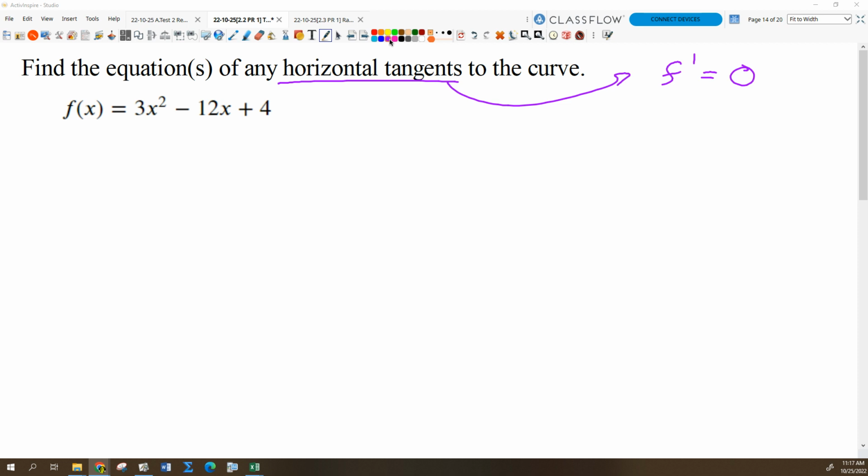Okay, so all I'd have to do here is just differentiate the function and then set the derivative equal to 0 to find out the values of x where we have horizontal tangents, right? So what is the derivative of this one, Olivia?